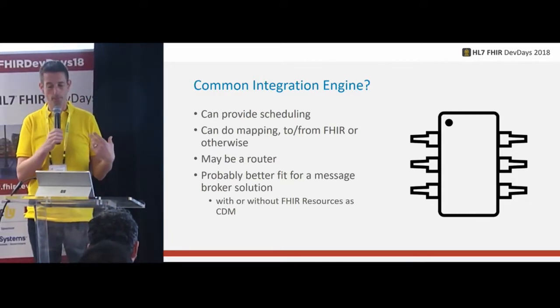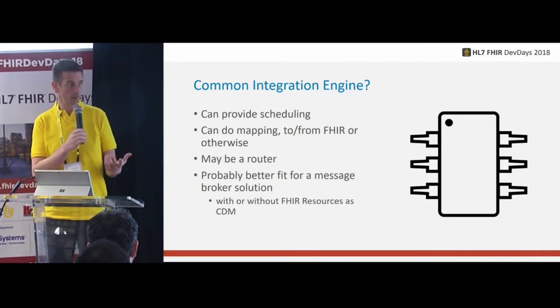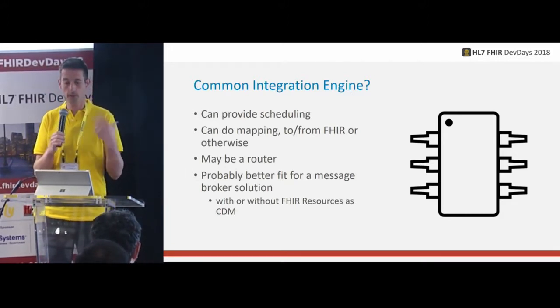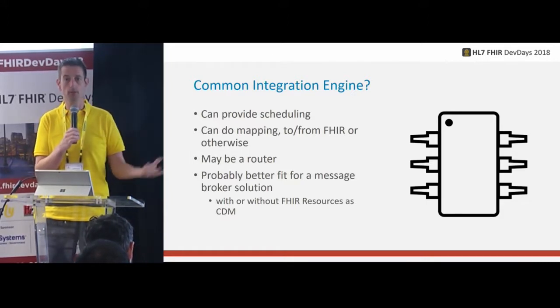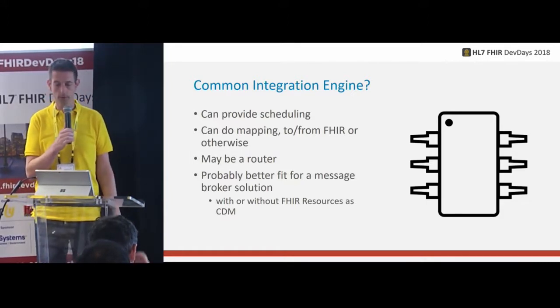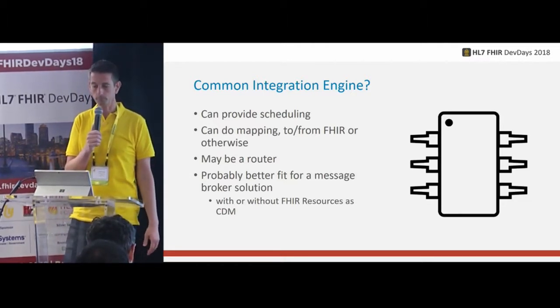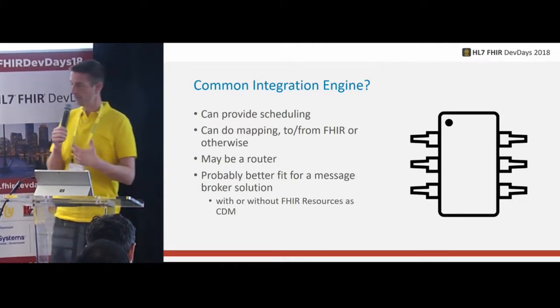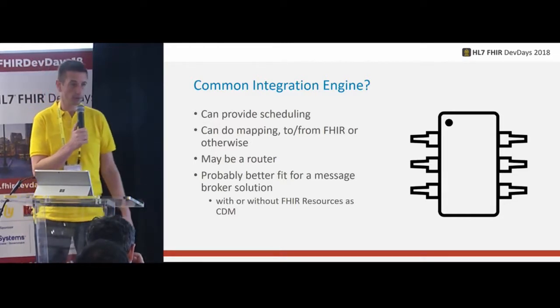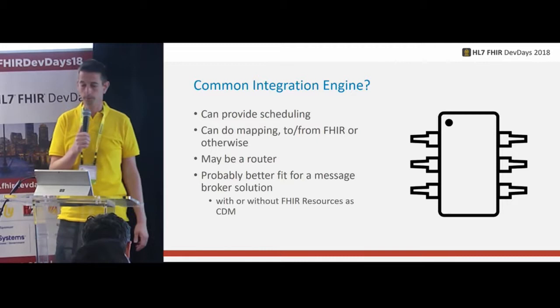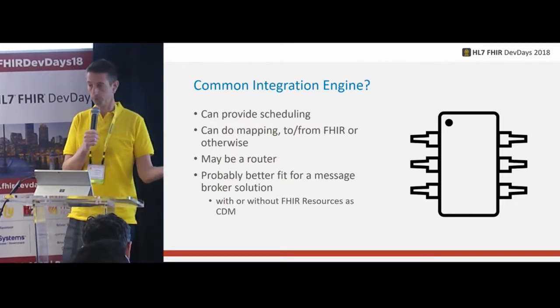Or if a system has to push data, it has to be an active component. It has to run scheduled. And then your common integration engine can start the process. It can also be a router if a resource has to be sent to multiple FHIR servers or queried from multiple FHIR servers.